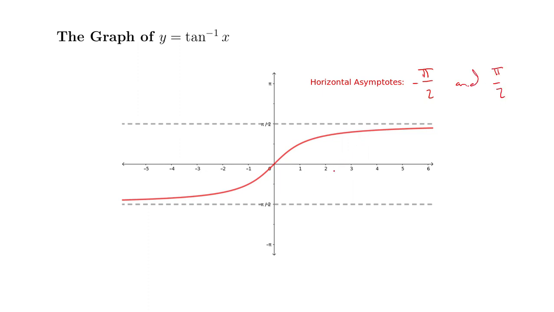Because there were vertical asymptotes on our tangent function, when they get reflected, they become horizontal asymptotes. This thing goes through the origin, 0, 0. We've got this point here, 1 comma pi over 4, and this point here, negative 1, negative pi over 4. And that gives us our tan inverse function.